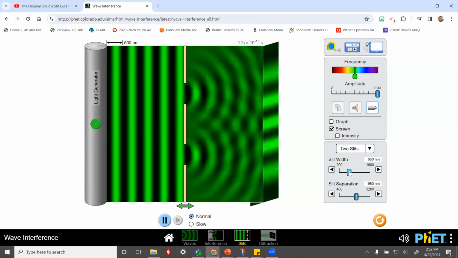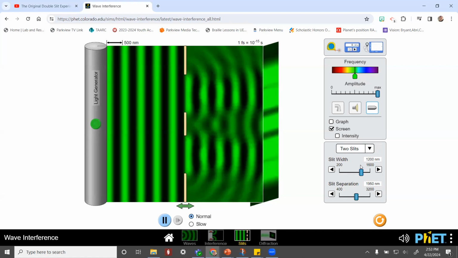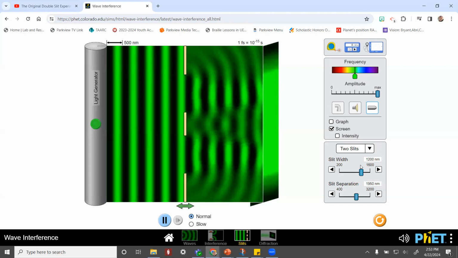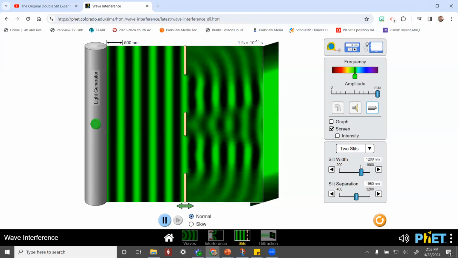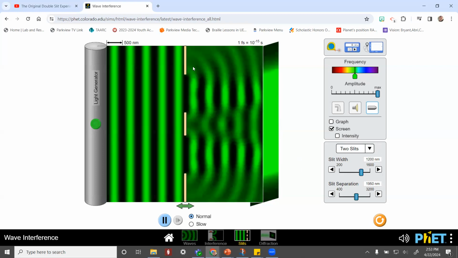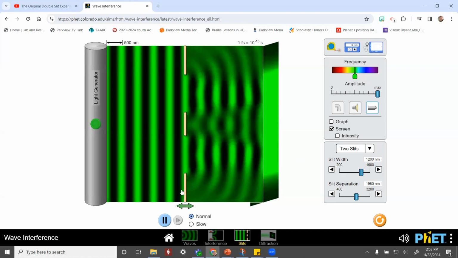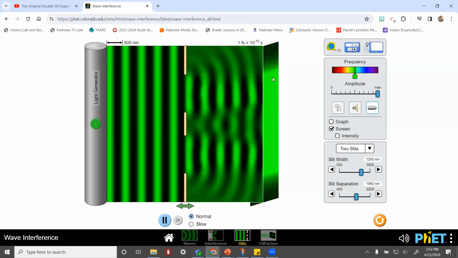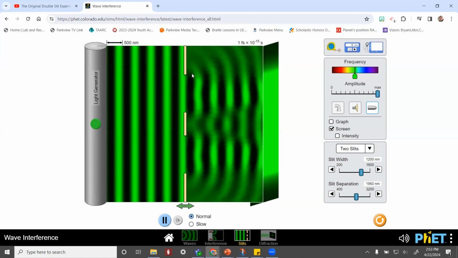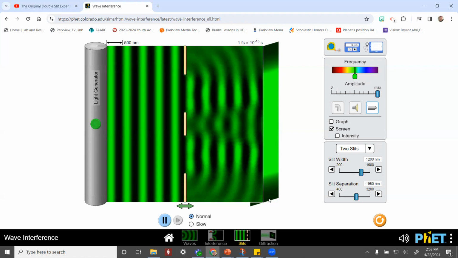And if we make these wider, then the wider the slit is, then the less diffraction we see. So you can see they're not arcing as much. And if they don't diffract as much, then they do not create as many. So wider slits, wider spots.